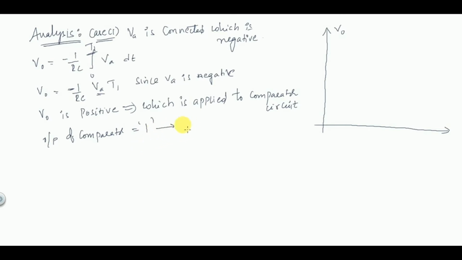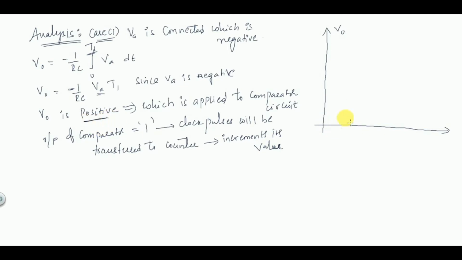Then clock pulses will be transferred to the counter, so the counter increments its value. During this process, since V0 is positive, the capacitor starts charging.